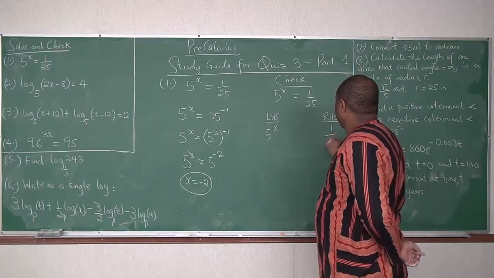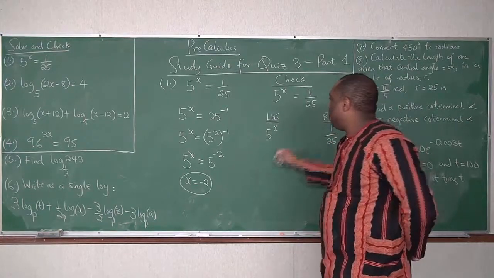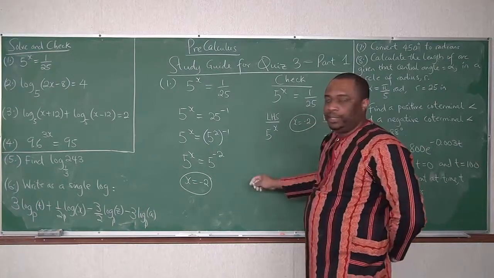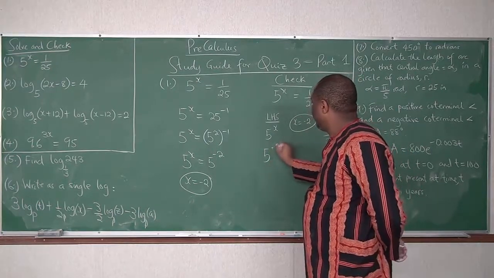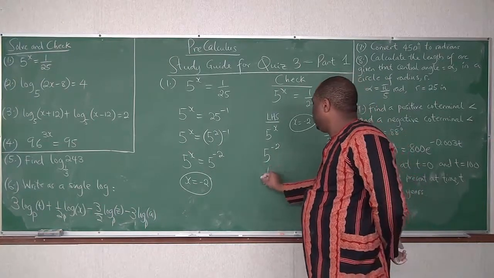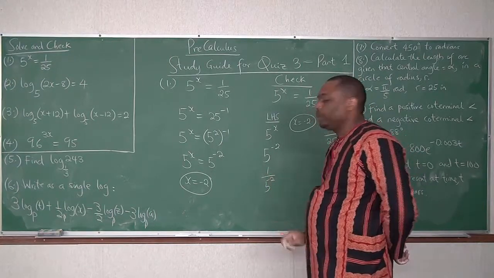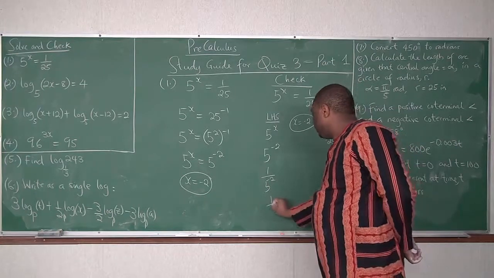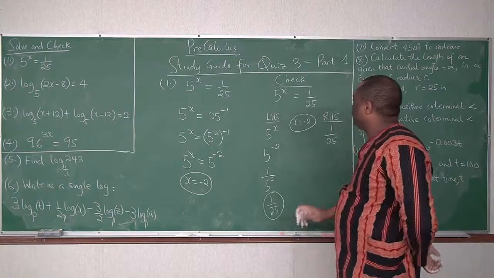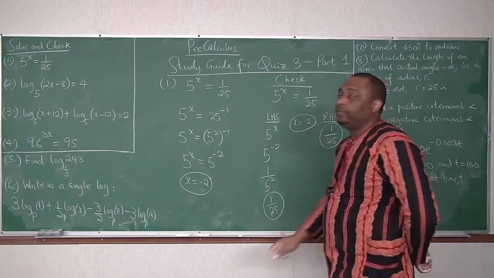Right hand side, 1 over 25. Now our x was what? Negative 2. So this will be 5 exponent negative 2. From law of exponents, this is 1 over 5 squared, which is what? 1 over 25. So 1 over 25 on your left, 1 over 25 on your right.